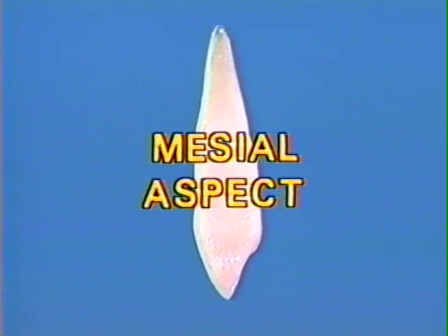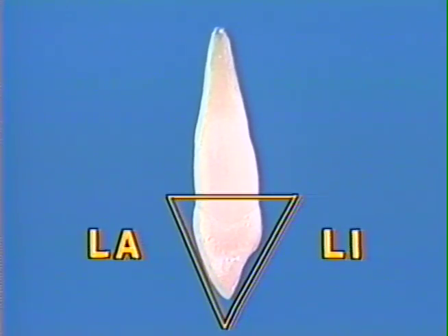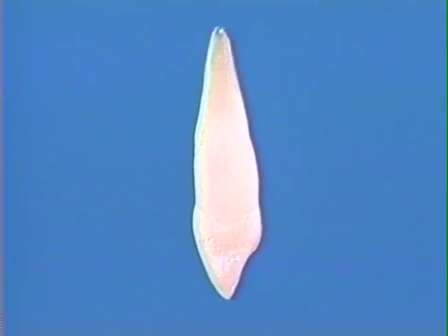The mesial aspect. The surface of the canine is convex in all dimensions. As with other incisors described, it is triangular in shape. However, it is wider labial-lingually.